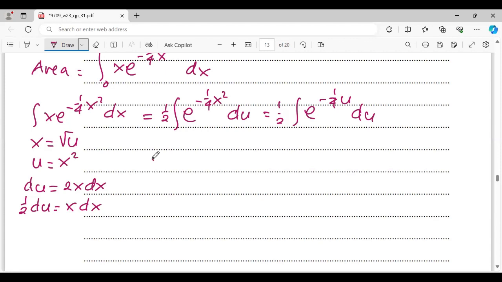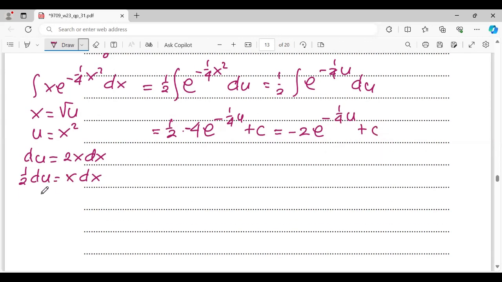And the integral becomes half times 4 minus 4 times minus 4 e power minus a quarter u plus c, or it becomes minus 2 e power minus a quarter u plus c.